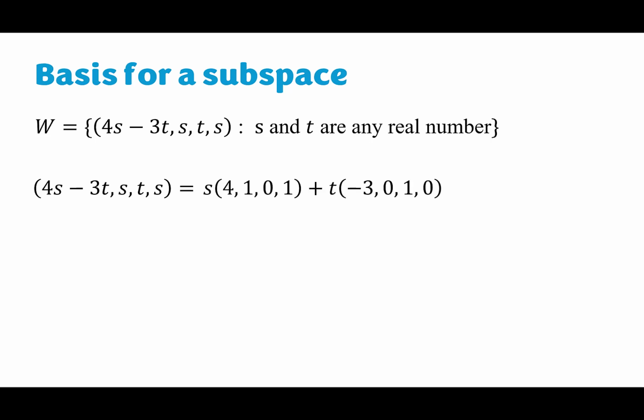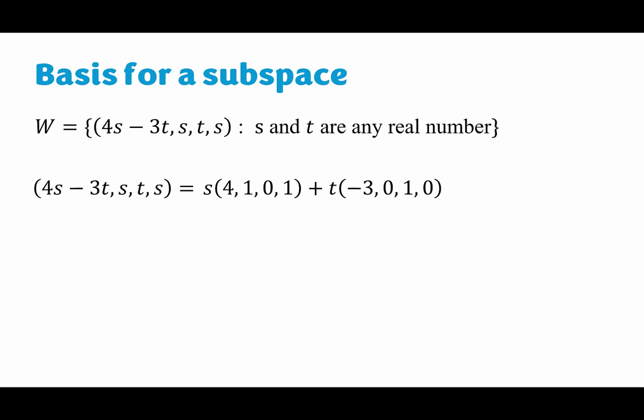What I mean by that is by splitting that vector into 2 and scaling one vector by s, one vector by t, and we just need to take those coefficients from the original vector. The coefficients in front of s are 4, 1, 0, and 1, and the coefficients in front of t are -3, 0, 1, and 0.